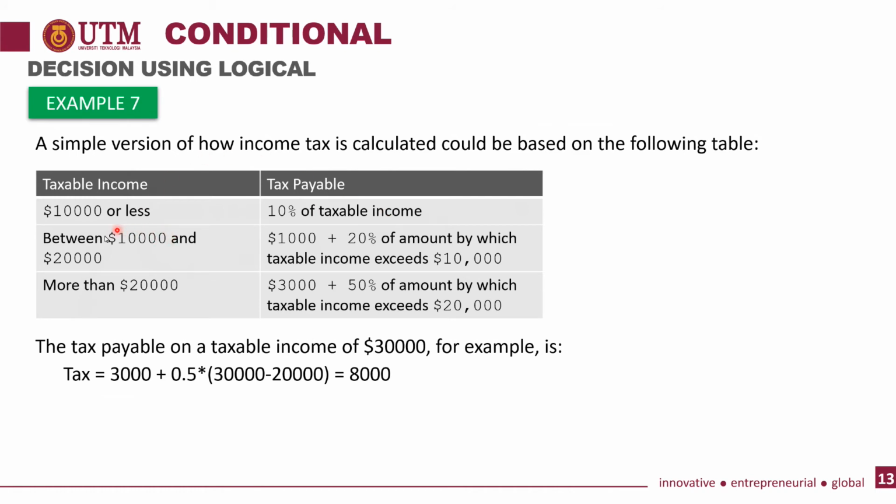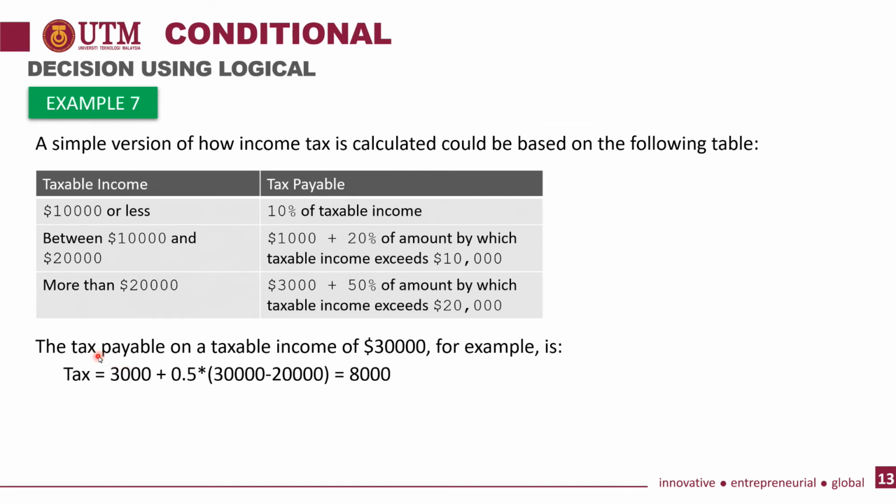If your income is between $10,000 and $20,000, the equation is $1,000 plus 20% of your taxable income. And if your taxable income is more than $20,000, the equation is $3,000 plus 50% of your taxable income.